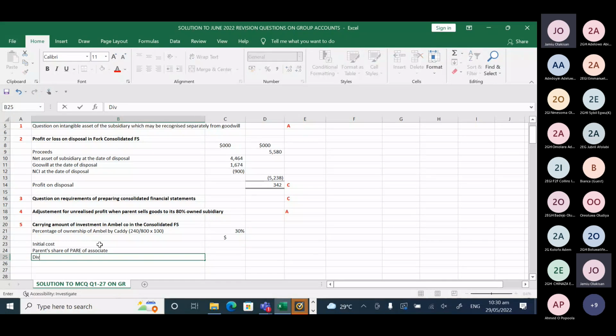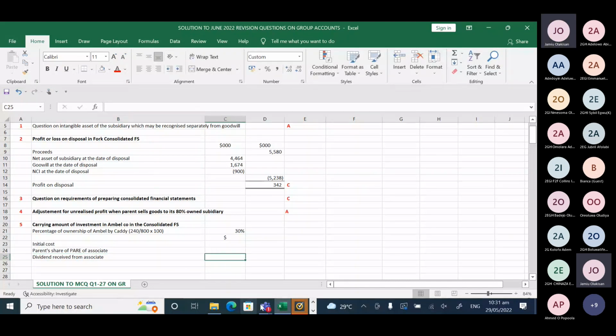If there's any dividend received, you remove it from the associate. Okay, so let's go back and look at what we have.